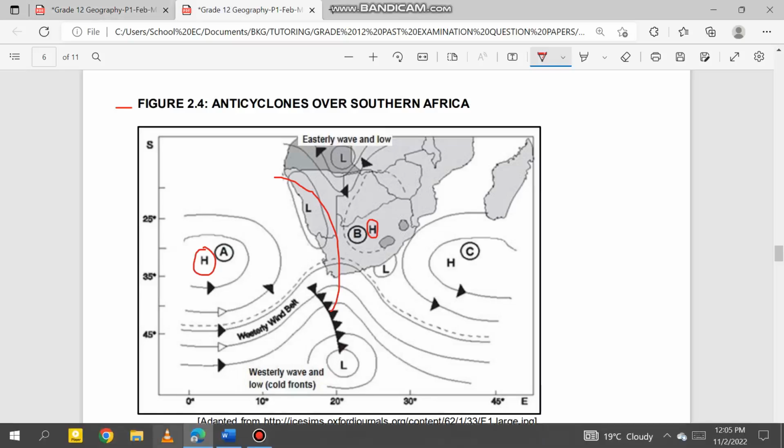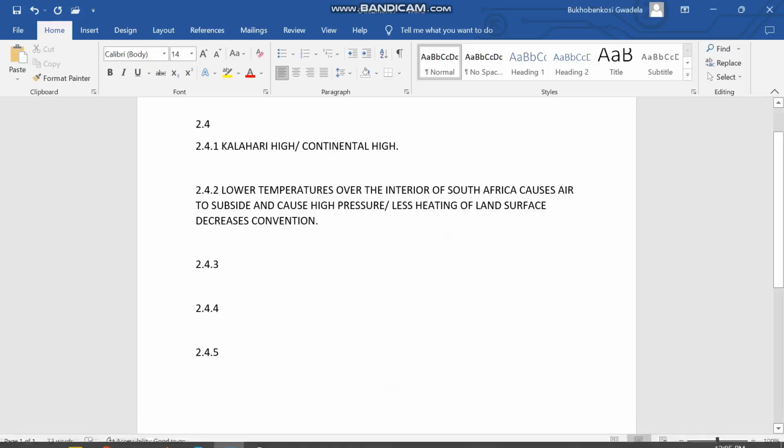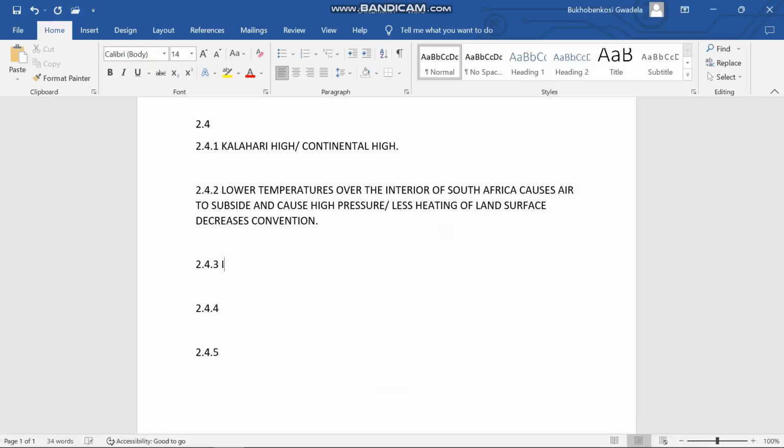It's simple. You can say it is located in the cold ocean, because a cold ocean doesn't like to cause precipitation or rainfall.